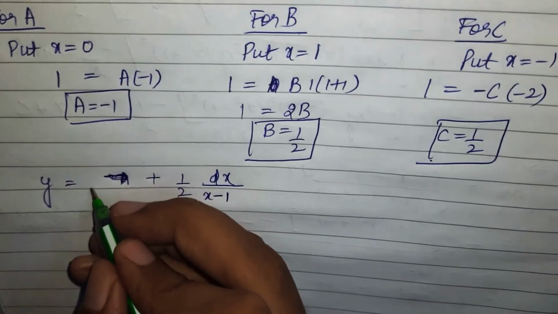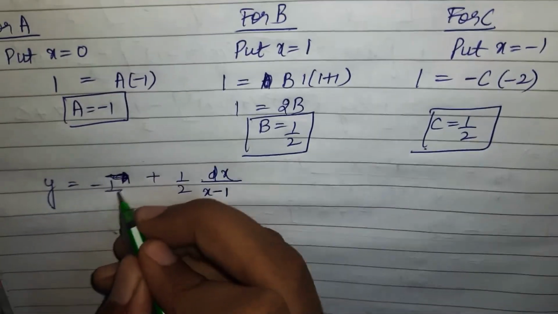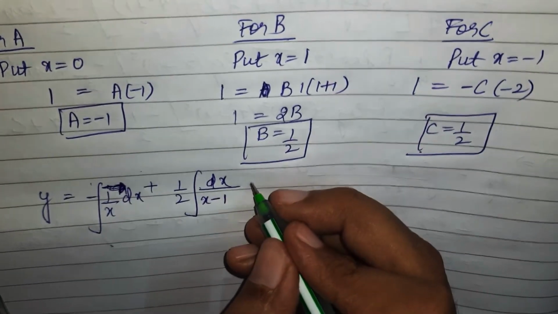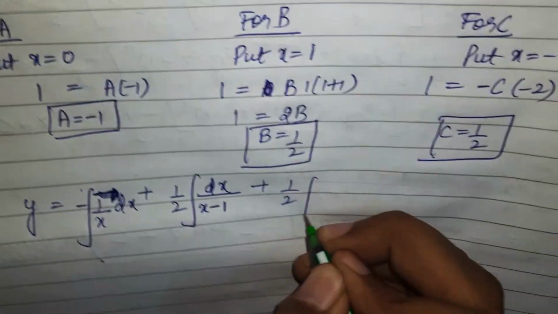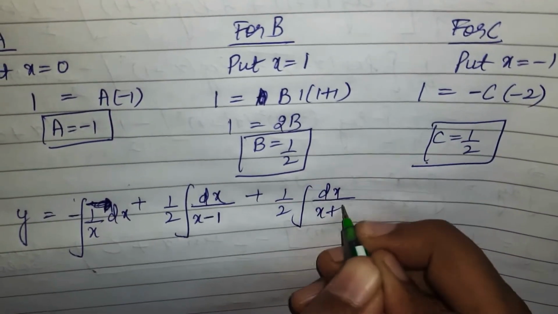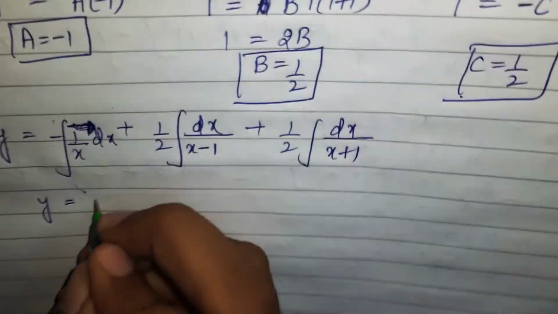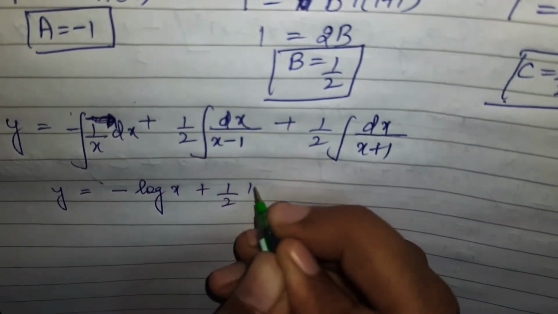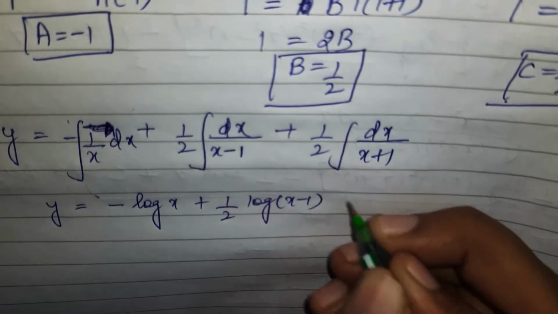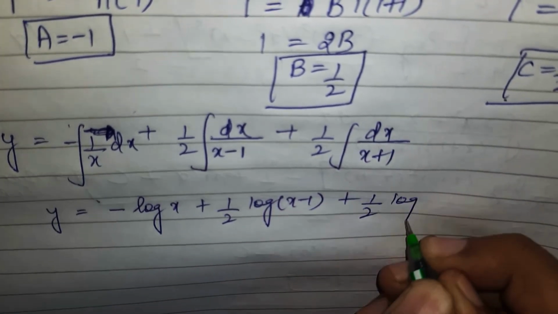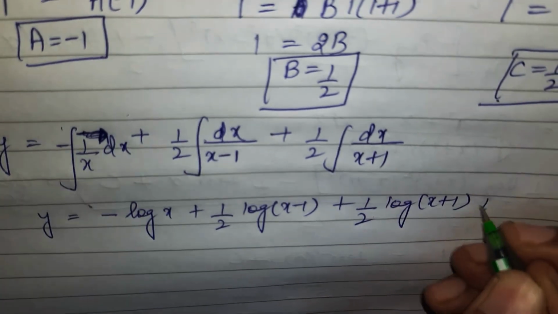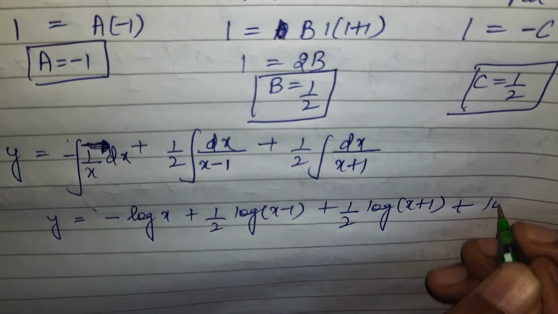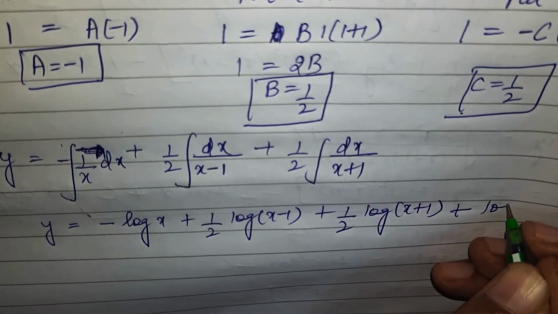This is a upon x, minus 1 upon x dx, integration, and this is c, 1 by 2 dx upon x plus 1. So I am getting y as minus log x plus 1 by 2 log of x minus 1, 1 by 2 log of x plus 1 plus log, okay, c is already in the question, so we can take it log k.